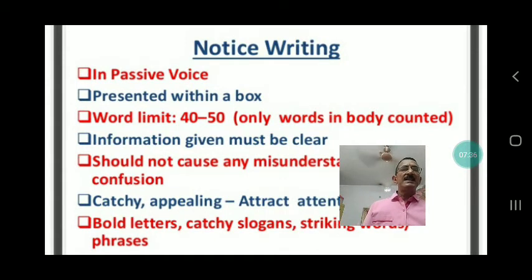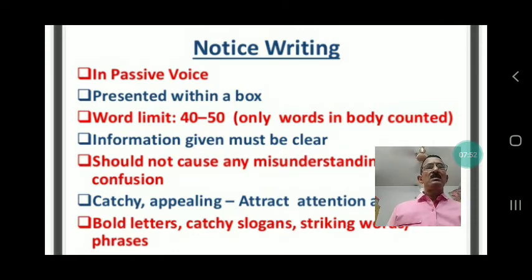The things that must be kept in mind while writing: the notice should be written in passive voice. It must be presented within a box. The word limit should be 40 to 50, and only words in the body are counted. The information given must be clearly mentioned.